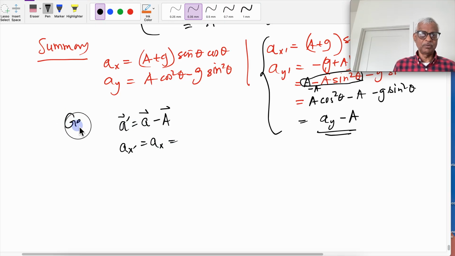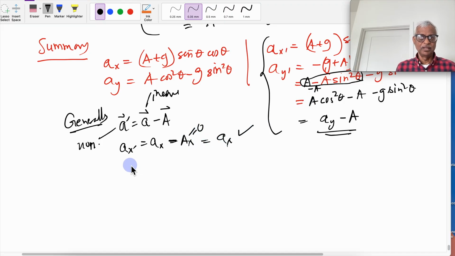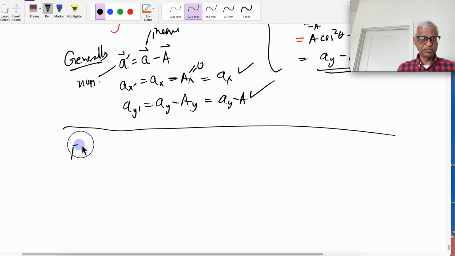So generally, we had that relationship between non-inertial and this was inertial, minus AX, which is equal to 0 here. So this is just AX, correct? AY prime equals AY minus a, which is AY minus A here. That's also correct. So everything works out. That's really great. Everything worked out.